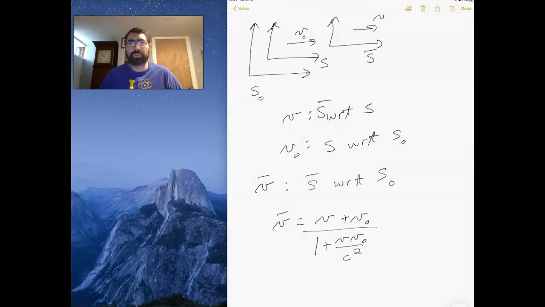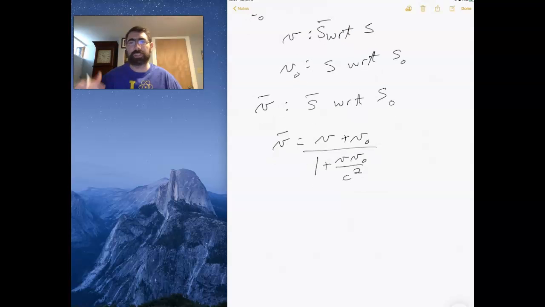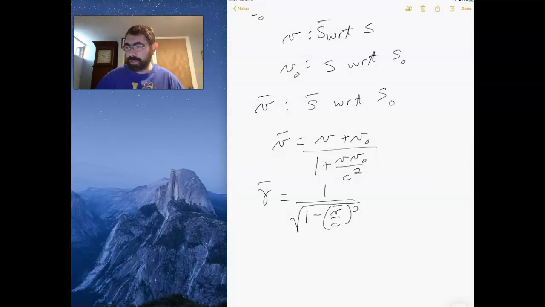Now S bar can make statements about how it's measuring the fields based on the rest frame of the capacitors. The gamma, again, with respect to S0 would be 1 over the square root of 1 minus v bar squared over c squared, like so.